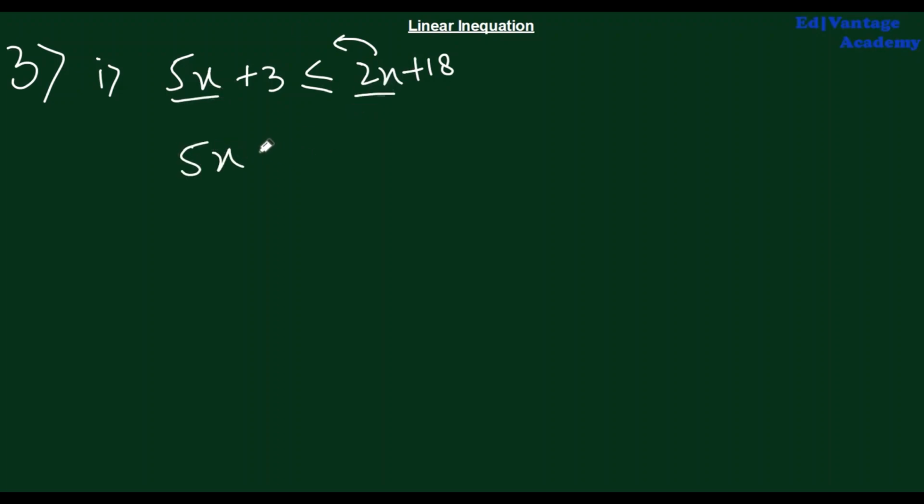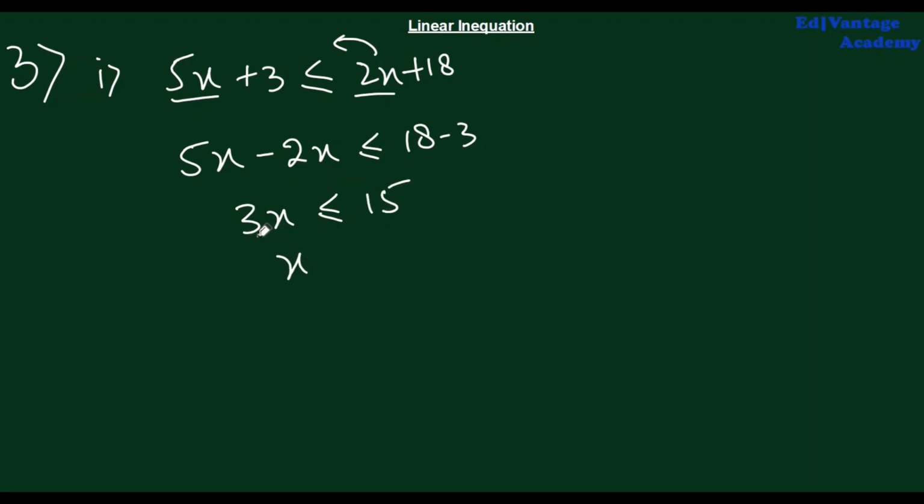It's a positive 2x, it will become negative 2x. Plus 3 will go to the other side, 18 is already there, 3 will go, it will become minus 3. The symbol should not reverse because we didn't multiply or divide by any negative number. We did not change the negative sign. We just added and subtracted. 5x minus 2x is 3x and 18 minus 3 is 15.